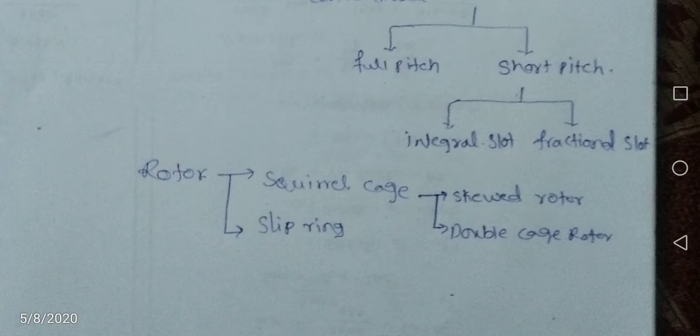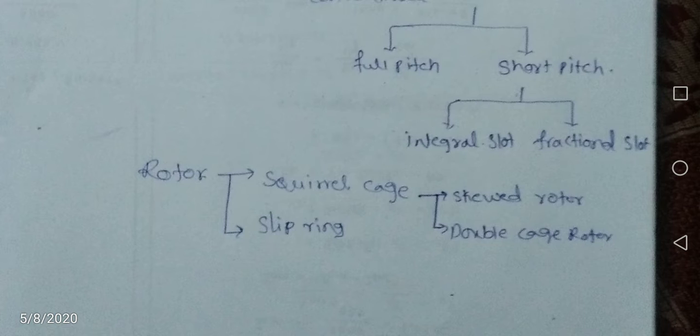In the skewed rotor method, cogging and crawling effects are eliminated, but the torque increase is very less.